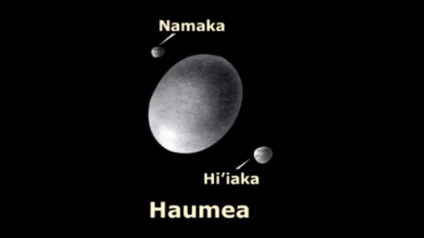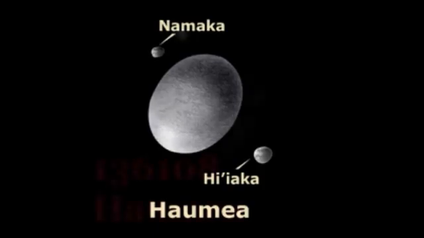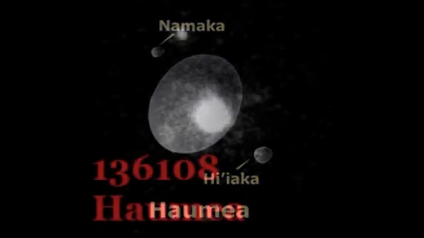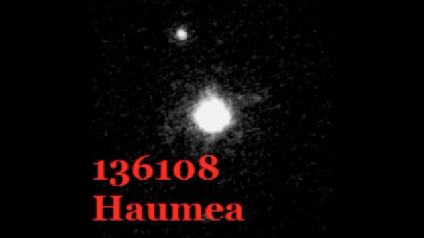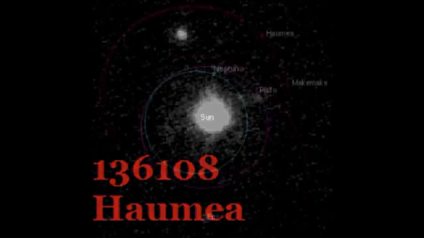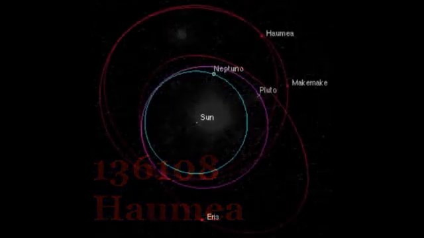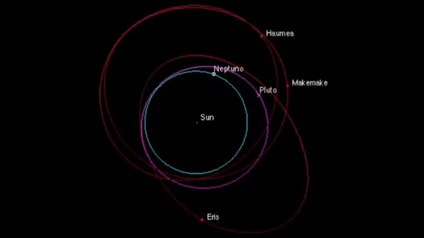It has two very small moons, Hiʻiaka and Namaka. It's believed that these moons were originally part of the same planet, but the impact broke apart the planet as it was, making it as it is, a small, strangely shaped object with two very small moons.